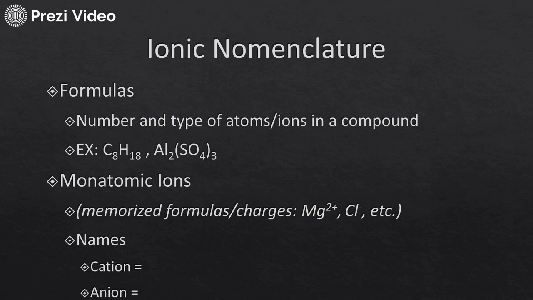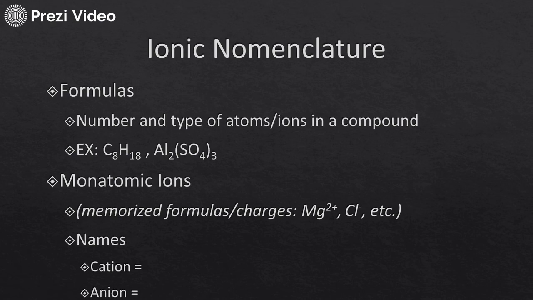Basically, you know the difference between molecules and ionic compounds, right? They're different things. First of all, if we look at a formula, we have to be able to identify whether it's ionic or molecular. In the first example here, we have C8H18. You should be able to identify that that is a molecular compound, and so it's going to have a different way of naming.